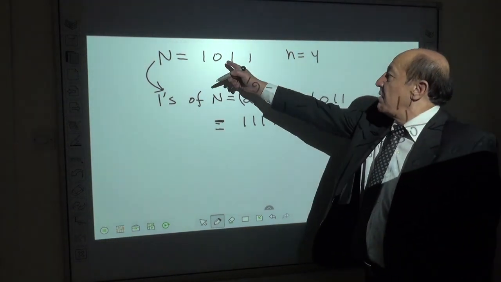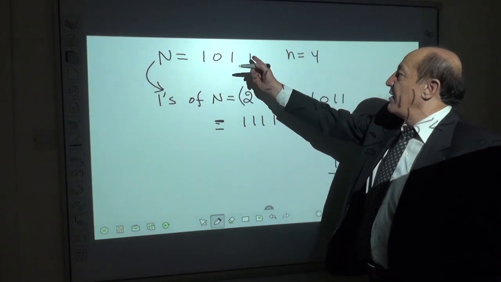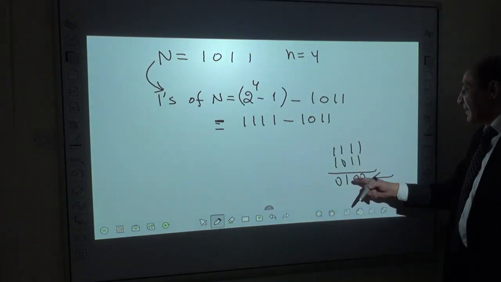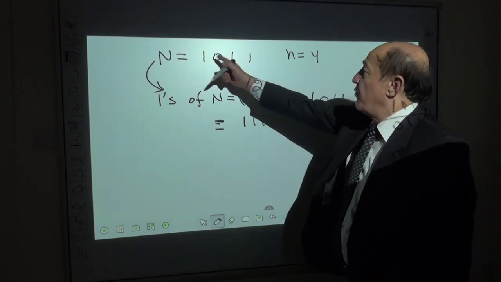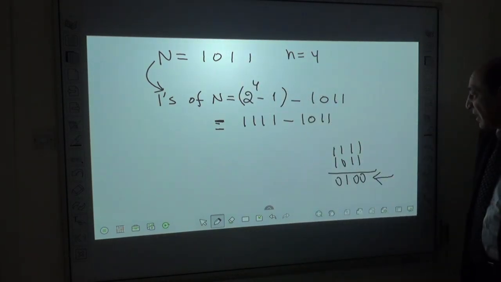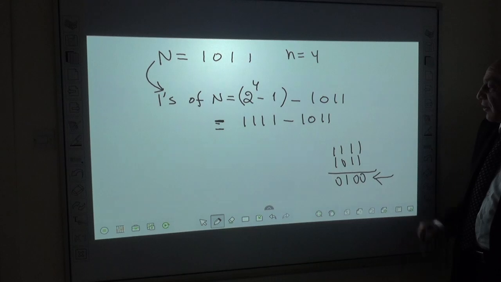Really, the number is 11 and this is 4, so the total is 15, which is the maximum number that we can represent using 4 digits. Here we have another observation.